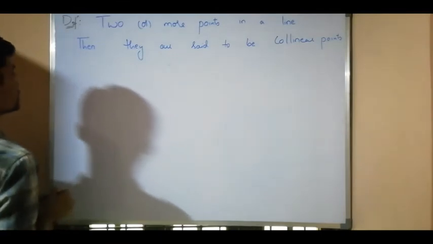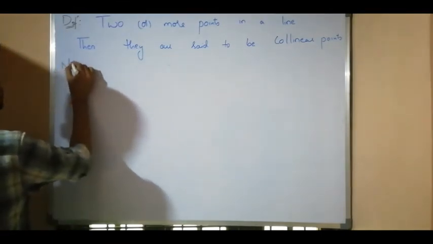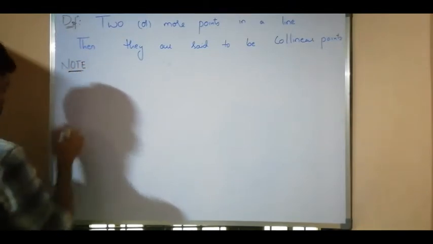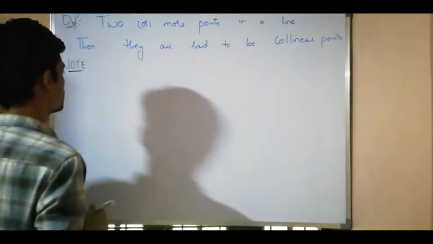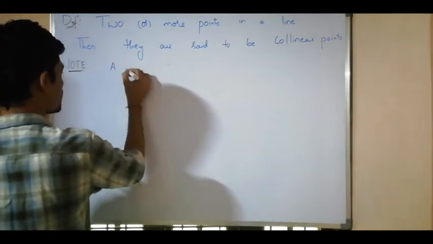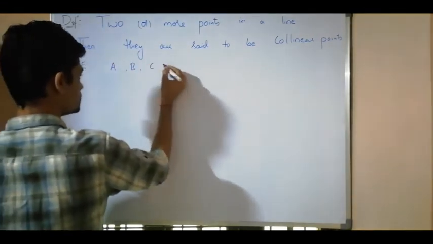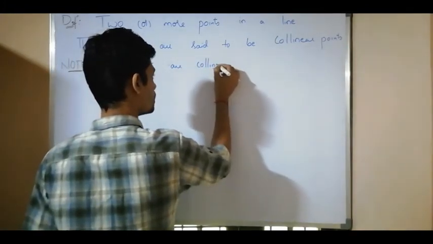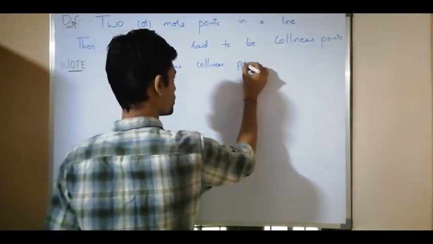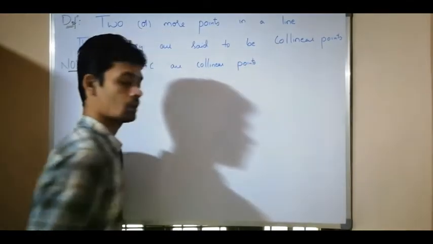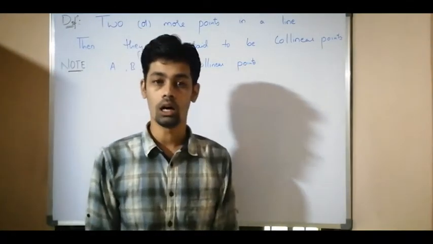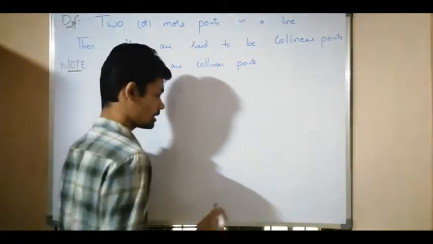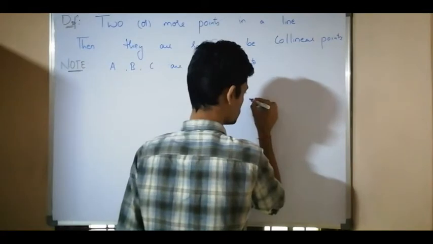Note, A, B, C are collinear points. When I am saying these three are collinear points, means these three lie on one line.